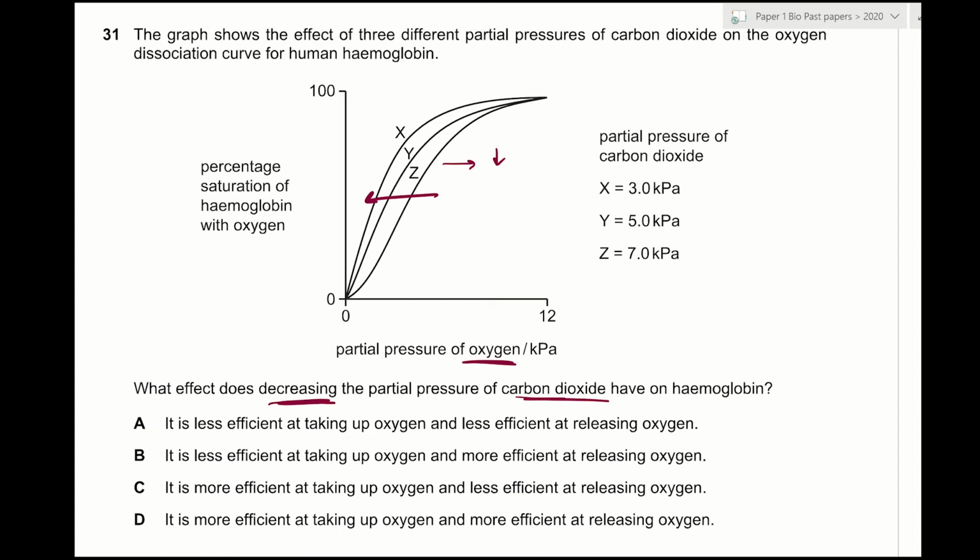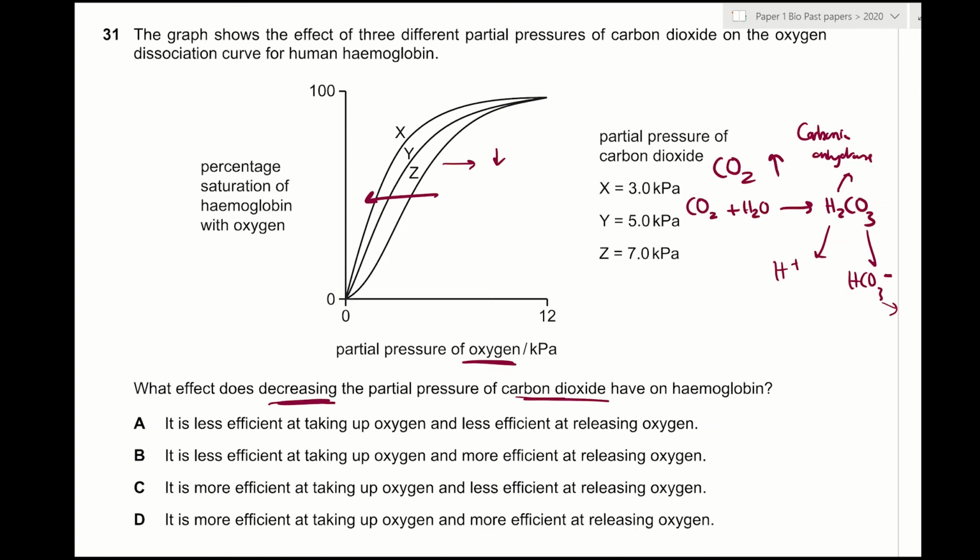Now, when carbon dioxide concentration increases, more carbon dioxide combines with water to form carbonic acid. This is obviously catalyzed by the enzyme carbonic anhydrase. Then this carbonic acid dissociates into hydrogen ions and bicarbonate ions. The hydrogen ion stays in the red blood cell and the bicarbonate leaves the red blood cell.